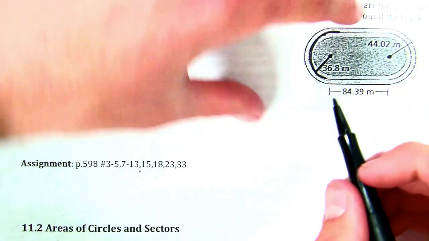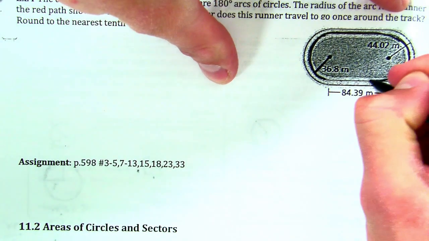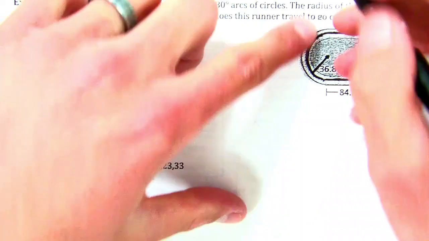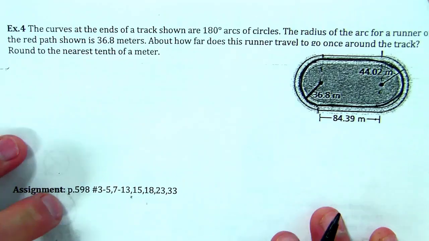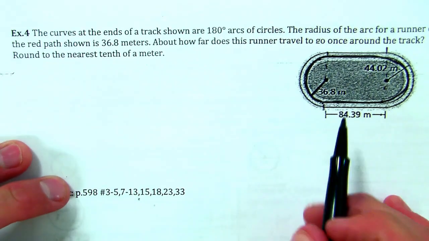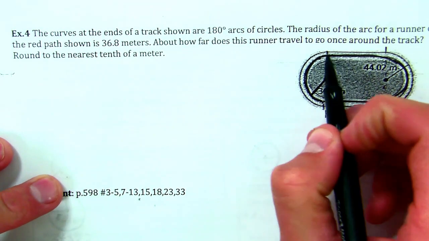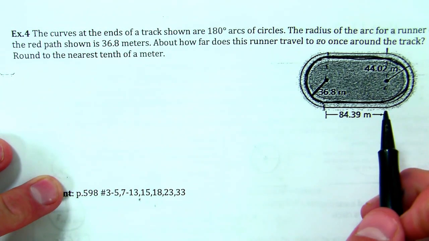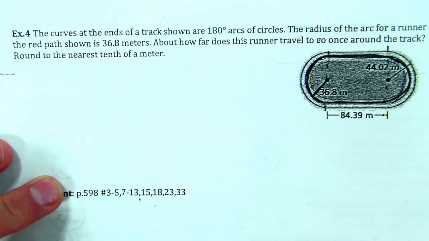If you're going once around, your total distance that you're traveling, if I just draw these dotted lines in here, you track people already know how long that is. But if you're going once around the track, notice you have two straightaways right here and right here, and then you have two curved parts right here and right here.